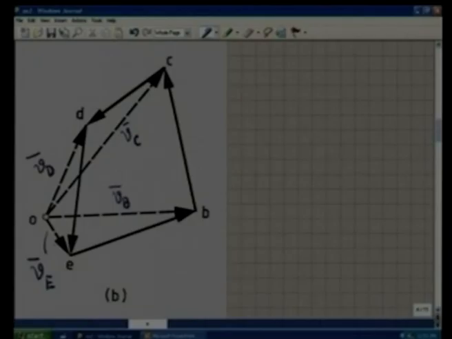Now, let me see what does this vector bc represent. oc is velocity of the point C, ob is the velocity of the point B. So, what does this vector bc represent? bc represents the difference of the velocity of the point capital C and the velocity of the point capital B. So, the vector bc is nothing but VC minus VB, because B and C belong to the same rigid body whose angular velocity is omega as assumed earlier, then this must be equal to omega cross BC.